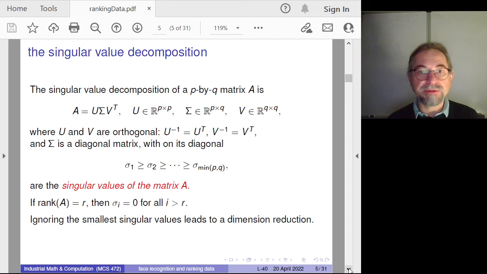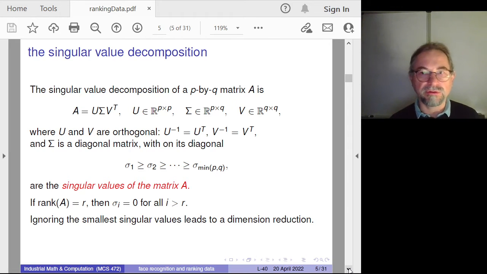We start from an image, a P by Q matrix of floating point numbers, and we consider what is widely known in linear algebra as the singular value decomposition. We decompose the matrix as a product of three matrices. The first matrix U is orthogonal, a P by P matrix. The second matrix is a diagonal matrix. This matrix will contain the singular values, and we typically sort them.